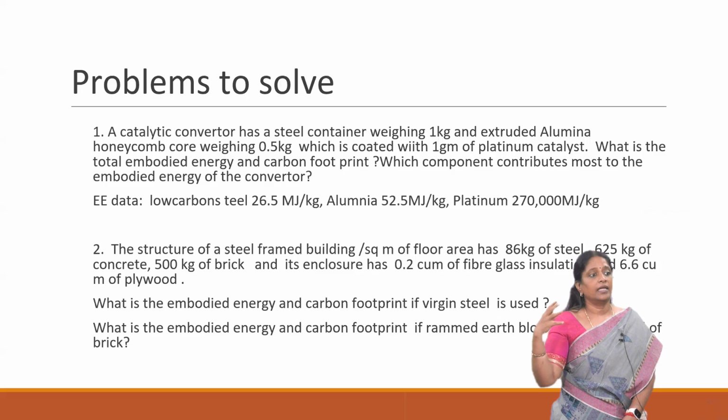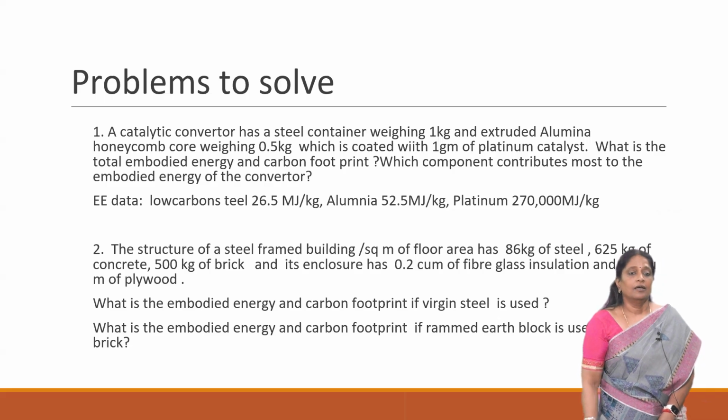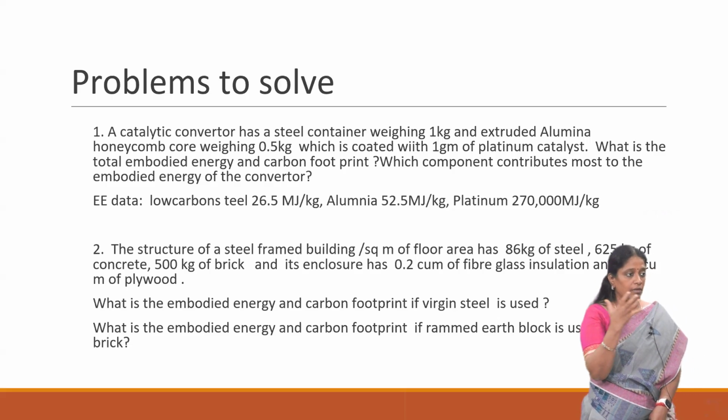And then use life, that's the 4th life cycle stage. What will be the energy incurred and emissions? In all these stages, we can identify how much embodied energy, how much energy for manufacture, how much emission is going to come in each stage.